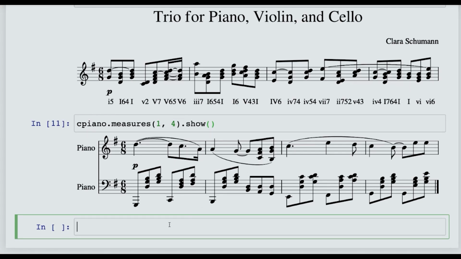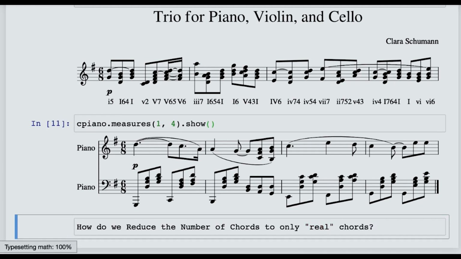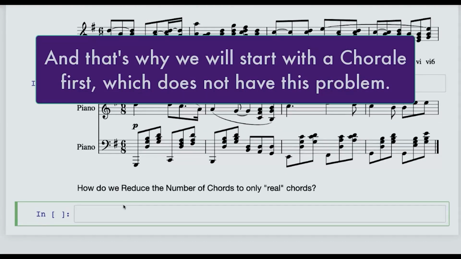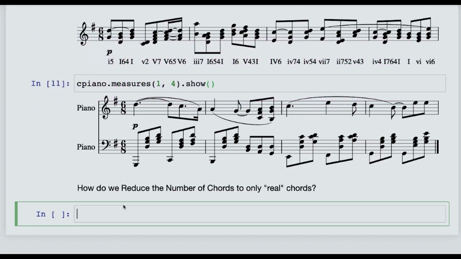This is still one of the big unsolved problems in the field, and being able to make progress on how do we reduce the number of chords, Roman numerals and analytical things, to only the quote-unquote real chords on a complex score, an orchestral or a piano score, is still one thing that you could get an A++, you could get a complete published paper out of being able to do that. For now, there are some great ways to do that.